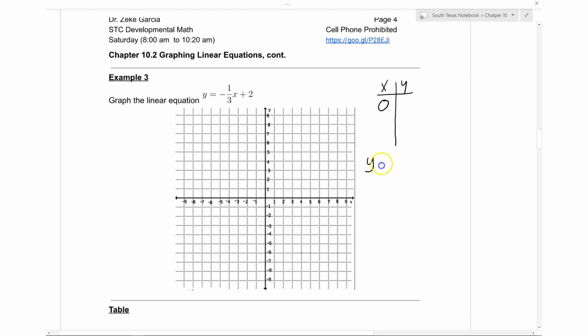So I have y equals negative 1/3 x plus 2. Substituting 0 for x, we can evaluate that it's going to be 2, since negative 1/3 times 0 is 0, and we're left with y equals 2.